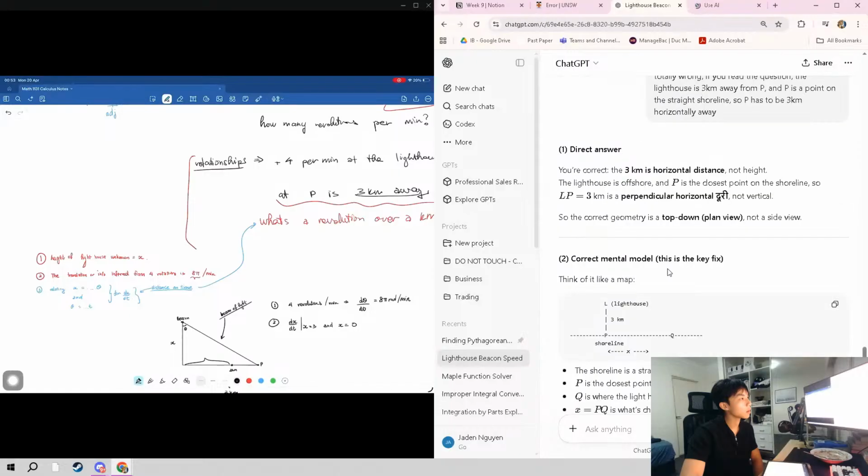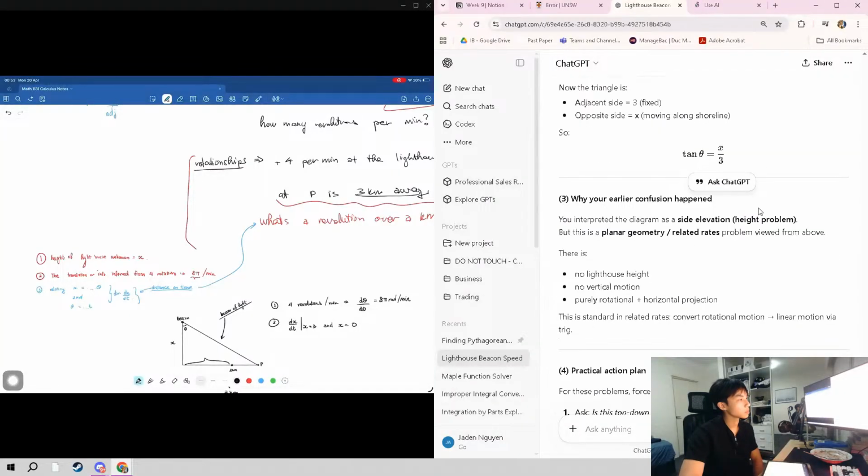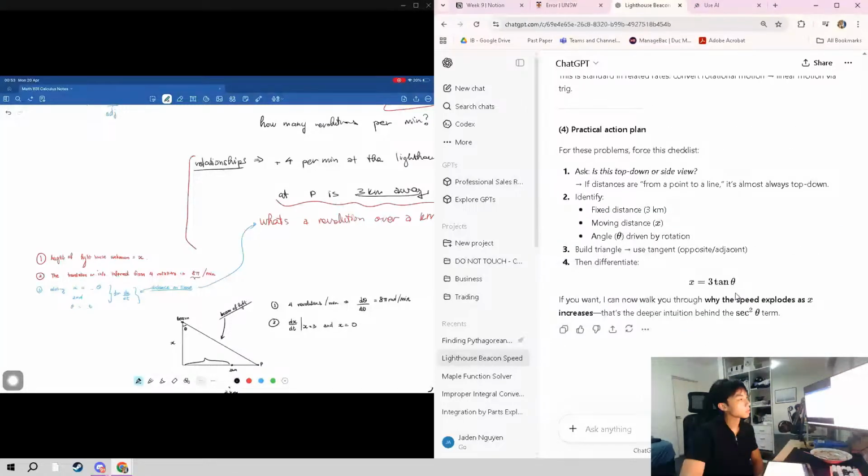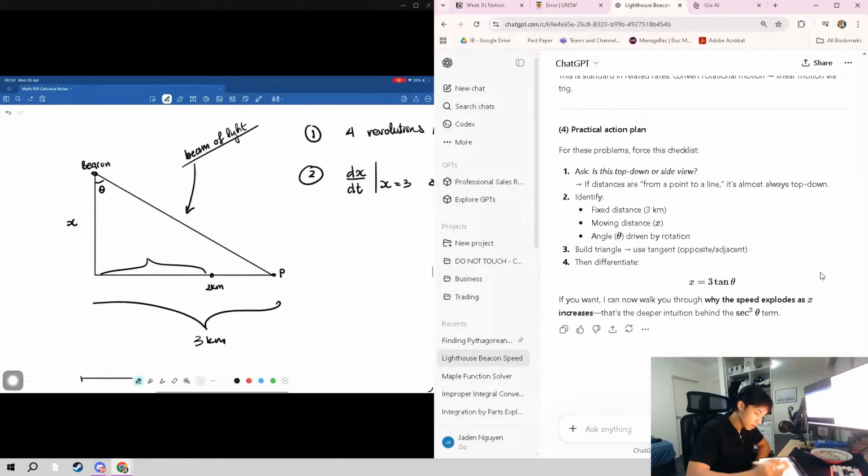No, that's still wrong. Okay, I could do theta is equal to opposite over adjacent, right? So 3 over x.